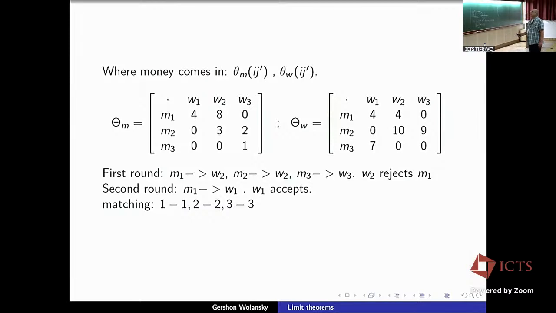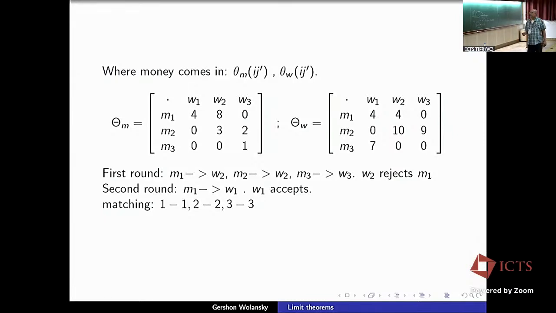In the first round, the second woman rejects the first man because she will get 10 from the second and only 4 from the first. So in the second round, the first man, who was rejected, now proposes to the first woman, who is next on his list, and she accepts. This ends with the identity matching: 1 to 1, 2 to 2, and 3 to 3.